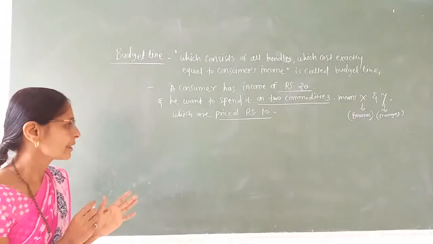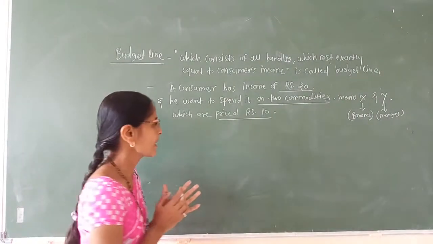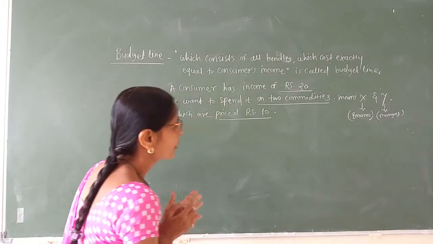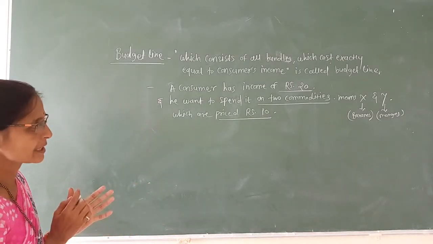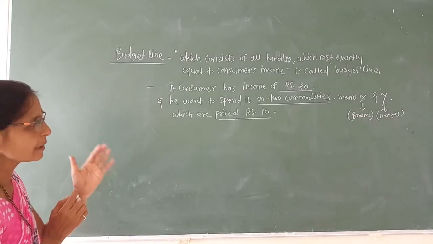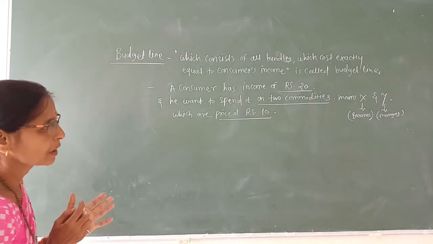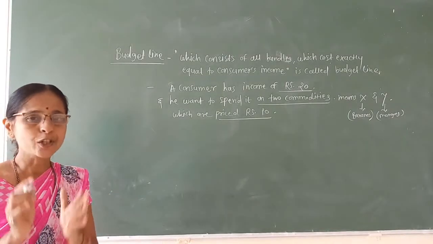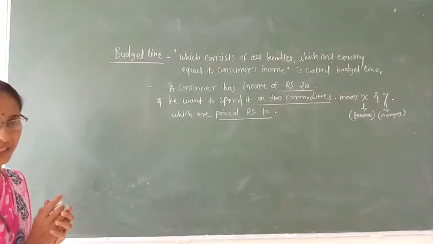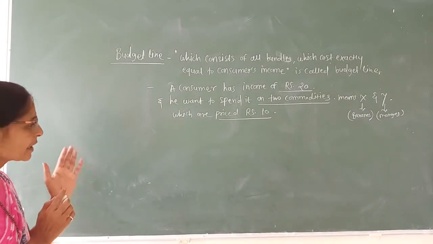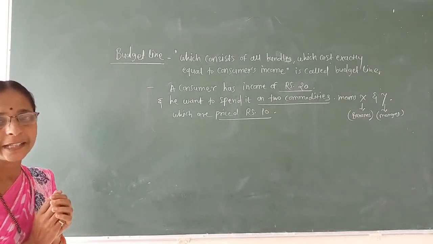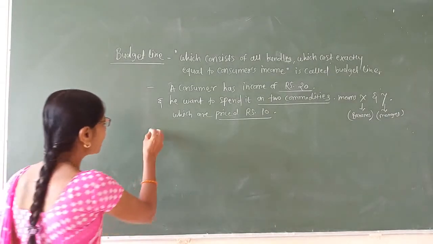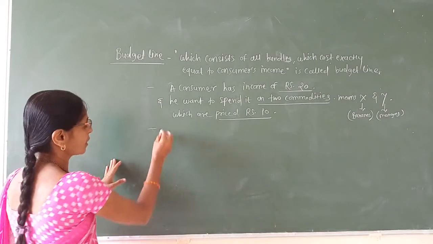And if he wanted to purchase both commodities, X and Y, the banana and the mango, then a consumer has three options to spend his entire income.